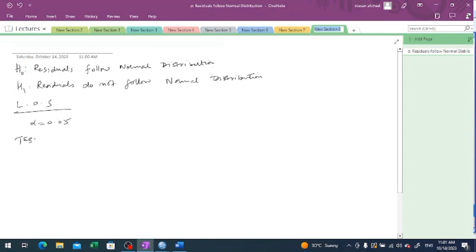Then in test statistic category we have again KS and SW statistics. Then we write down our decision rule or criterion as usual.